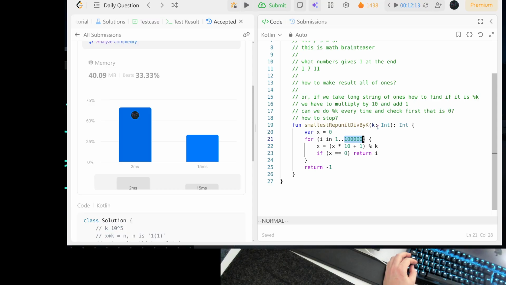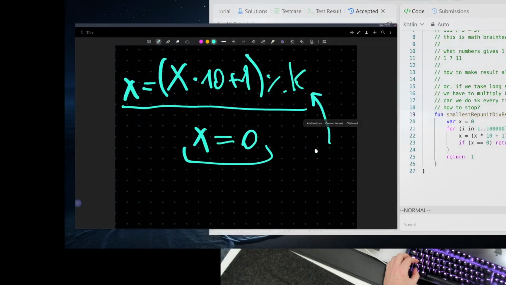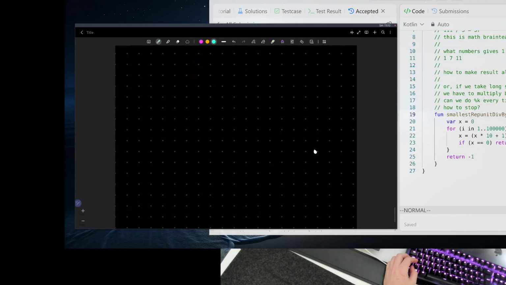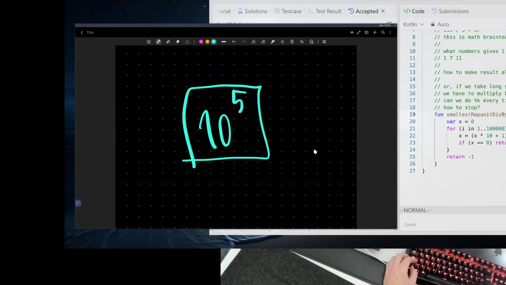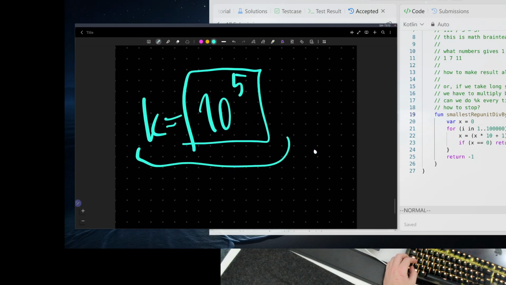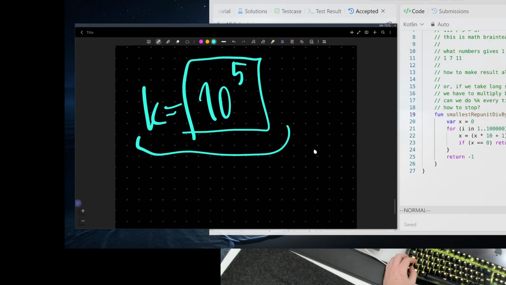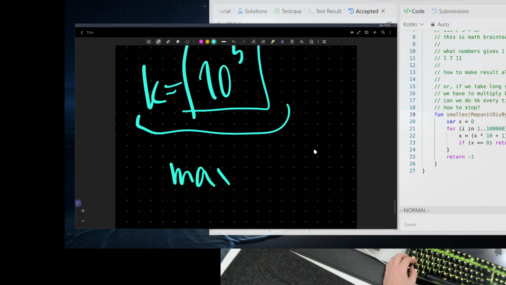But let's look at the k. The k max is 10 to the power of 5. Can we prove it from this range? How is the max length determined?